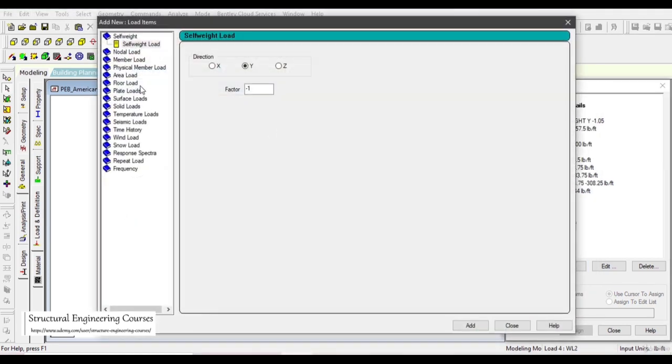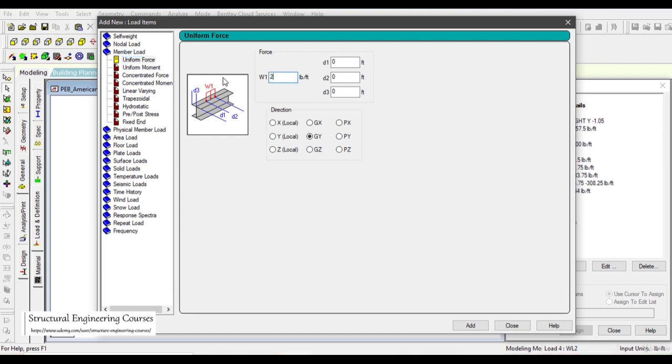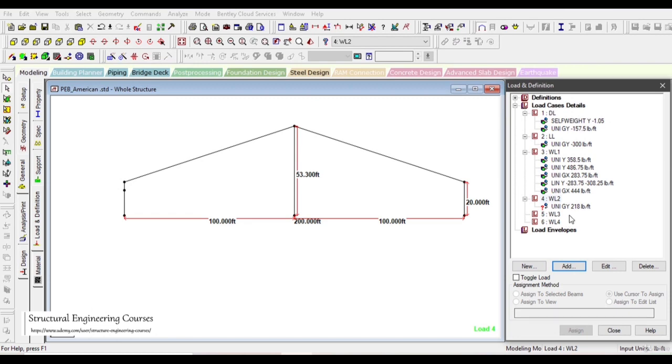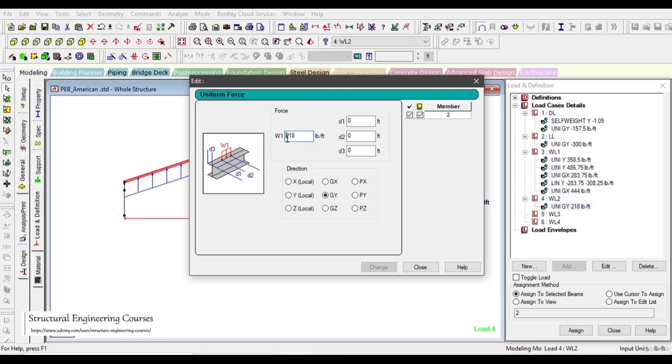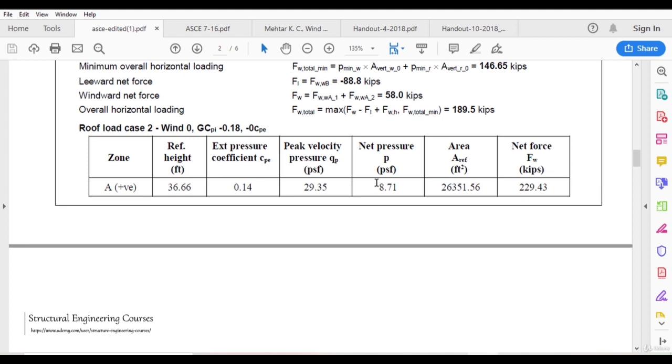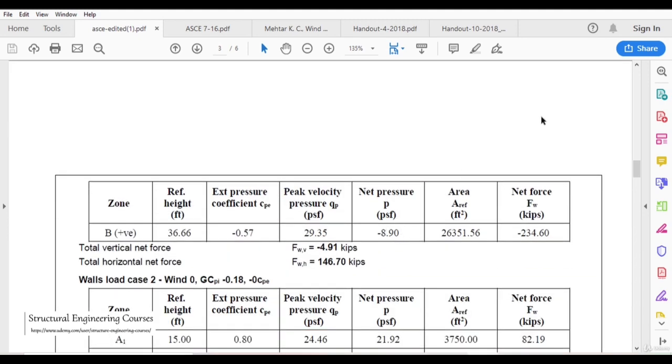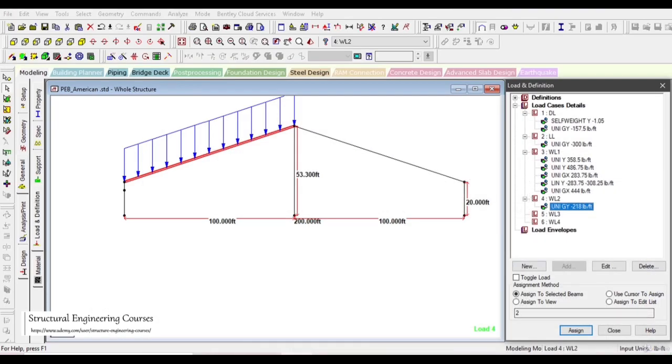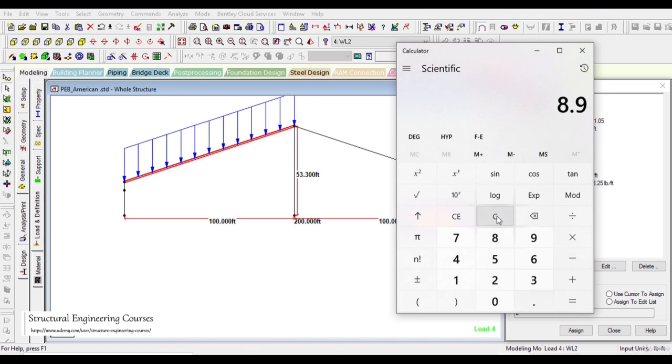So we go to this add member load. Here we need to enter 218 and GY. So we need to enter it as minus, as it is acting towards the structure, and this is acting away from the structure. So we do need to multiply 8.9 into 25.